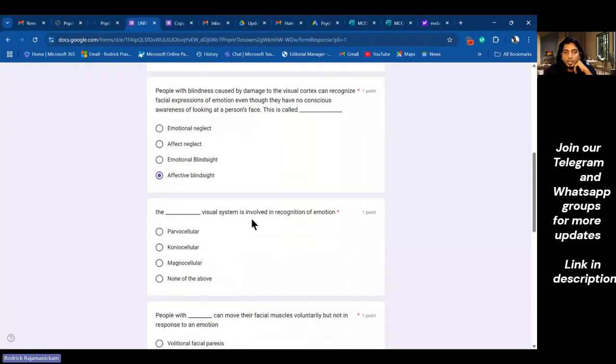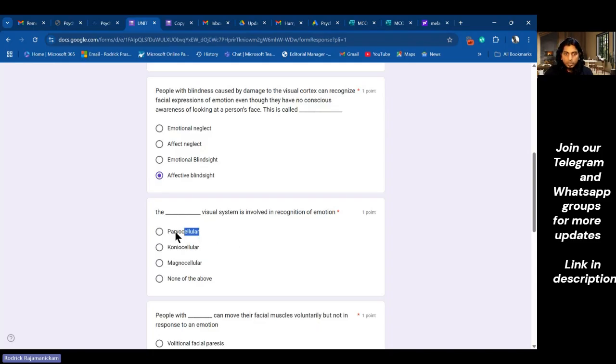So the next one, the dash system is involved in recognition of emotion. It's not a visual system per se, it's a set of cells. You have various layers within the cortex. Some cells are bigger, which are for movement, and some cells are particularly tuned for identifying shades and discriminating between them.